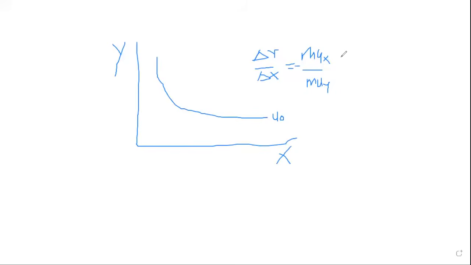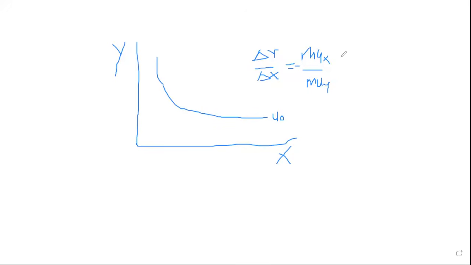So it is the negative of MUx divided by MUy.